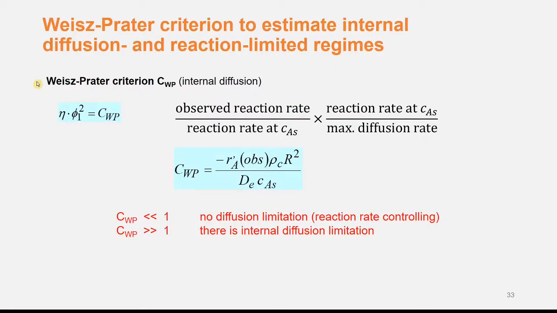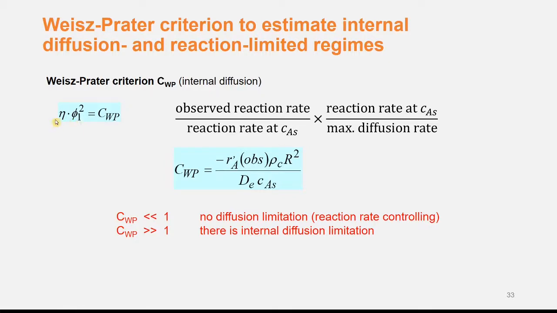We have used the Thiele modulus and the effectiveness factor to describe the relative rates of reaction and diffusion in catalyst pellets. There is another similar criterion that can be used to do the same thing. This is called the Weisz-Prater criterion, which is defined as the effectiveness factor eta times the square of the Thiele modulus, phi_1 squared.